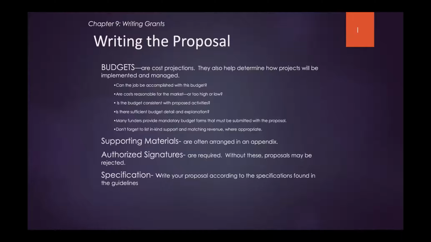And then it says here not to forget the in-kind support, but that's something that not all organizations accept. So you need to figure out if the organization that you are applying to actually accepts in-kind support as matching.